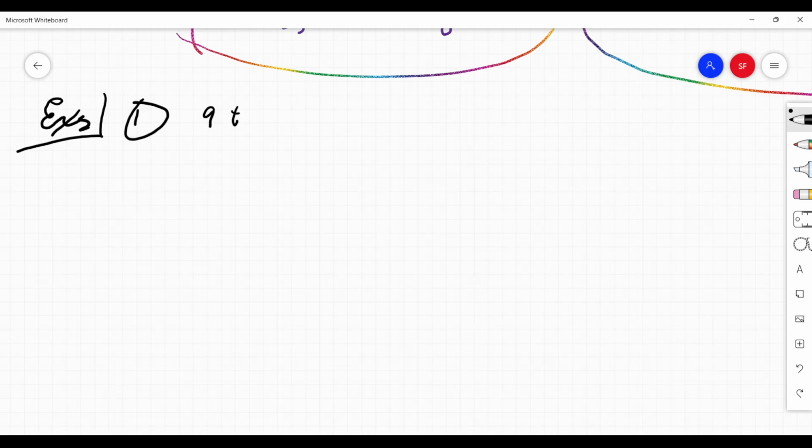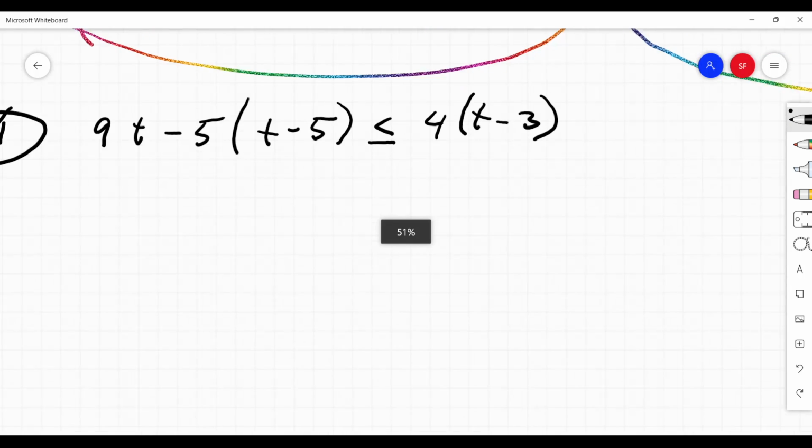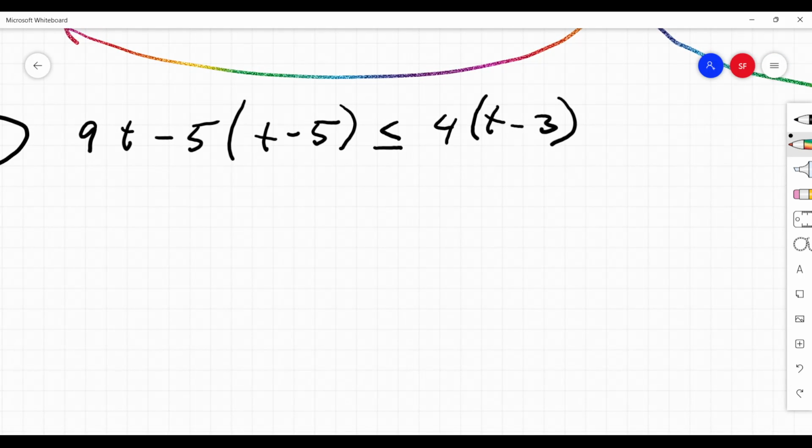9t minus 5 times the quantity t minus 5 is less than or equal to 4 times t minus 3. What should we do to solve this? Distribute the 4 and then the negative 5.